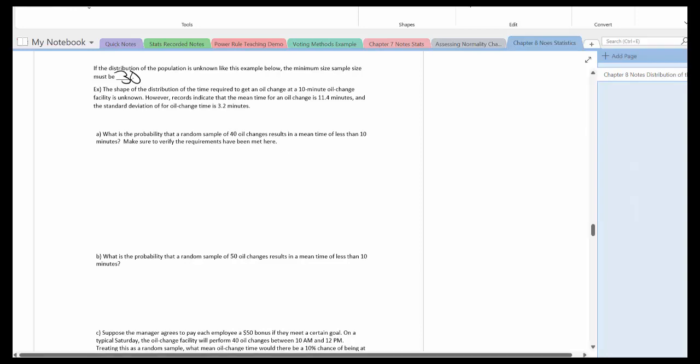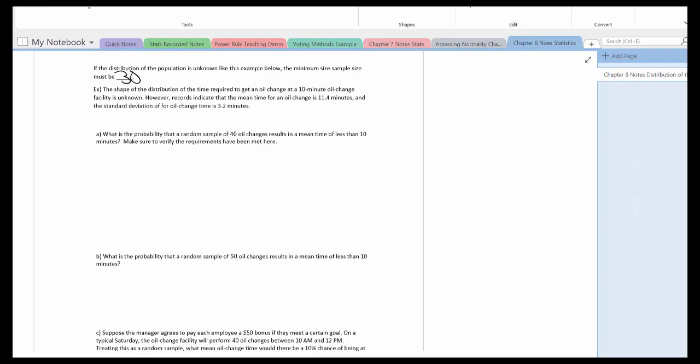However, records indicate that the mean time for an oil change is 11.4 minutes, and the standard deviation is 3.2 minutes. What is the probability that a random sample of 40 oil changes results in a mean time less than 10 minutes? Make sure to verify the requirements first.